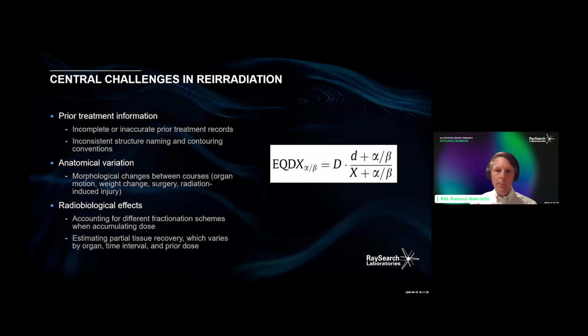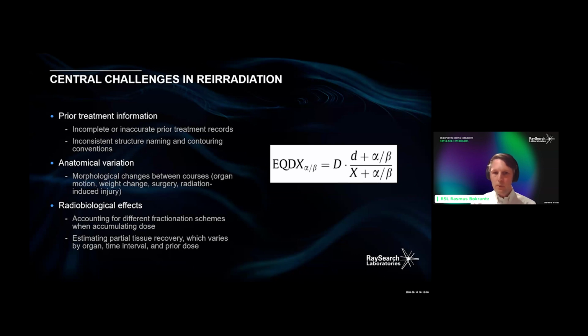A third very important factor to take into account is the radiobiology. It is well known that the biological effect of radiation is not only dependent on total dose, it's very much dependent also on how large doses are given within the individual fractions. So it is not in general biologically meaningful to sum physical dose, or RBE dose in the case of ions, across multiple treatment courses.